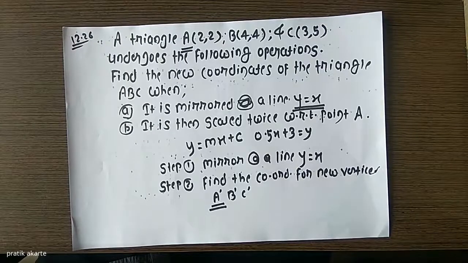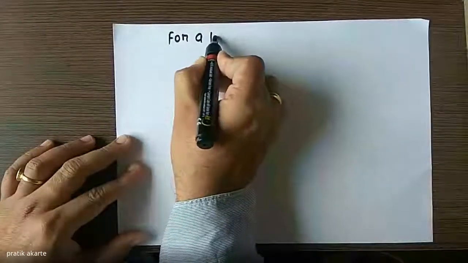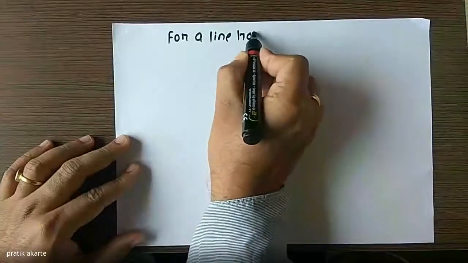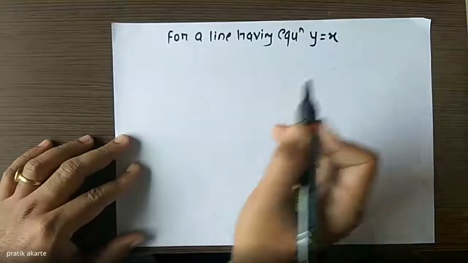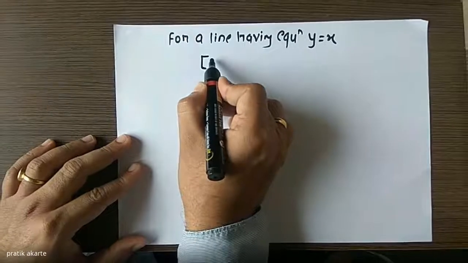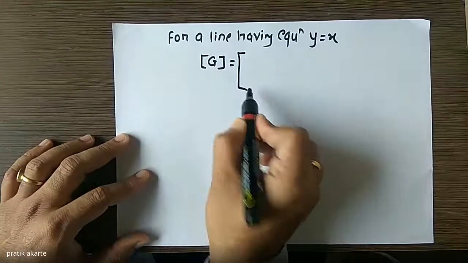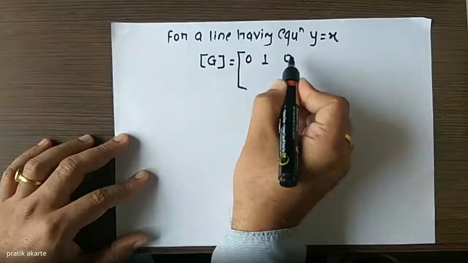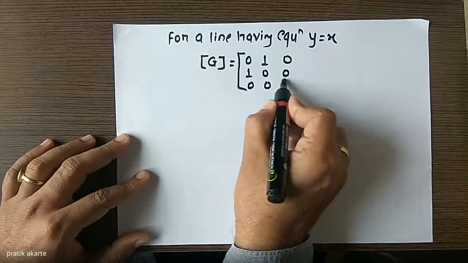This is again a typical one. So first step, for a line having equation y is equal to x, the transformation matrix, let us say represented by G, is 0, 1, 0, 1, 0, 0, 0, 0, 1.